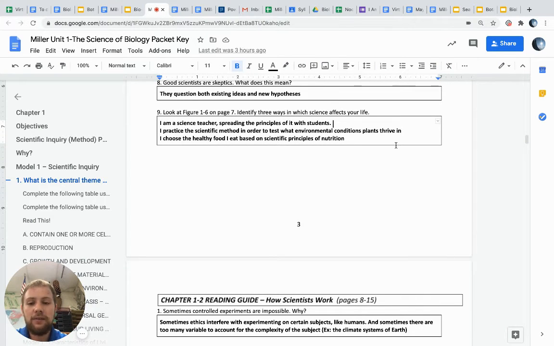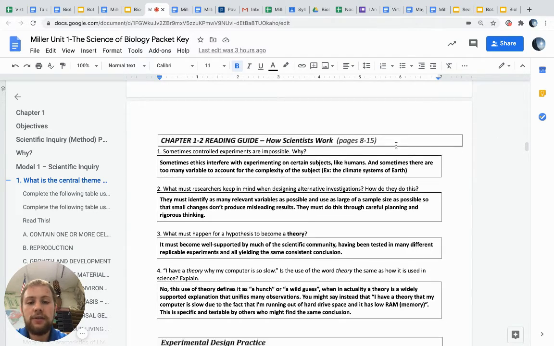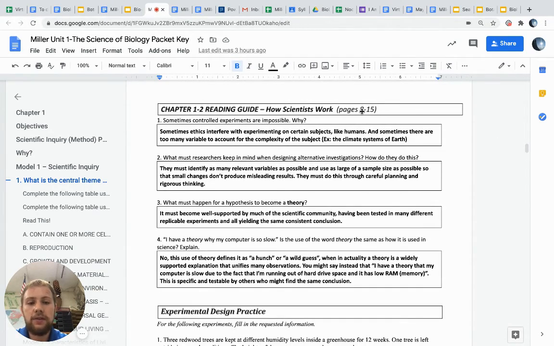All right, so moving on to section 1.2, that aligns with this part of your text. How scientists work. Sometimes controlled experiments are not possible. Why? There could be multiple reasons why a controlled experiment could not be possible.